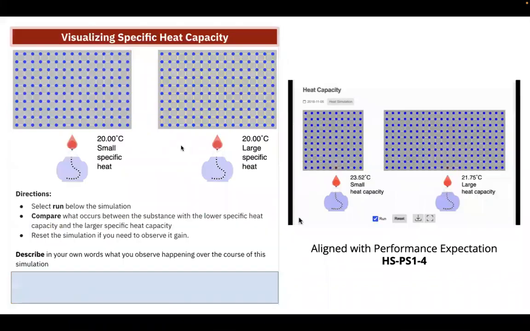The next one that I did was visualizing specific heat capacity. We have it aligned with that particular performance expectation. You're noticing how energy travels through something with a small heat capacity, like a metal, versus a large heat capacity, like water, and just watching.